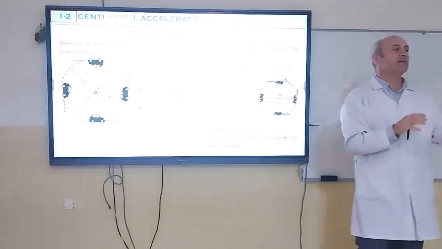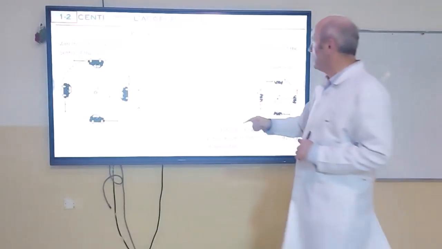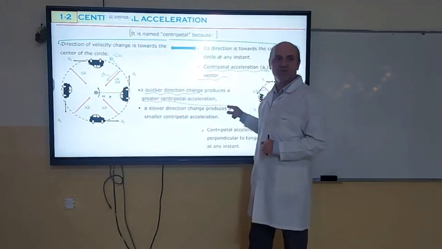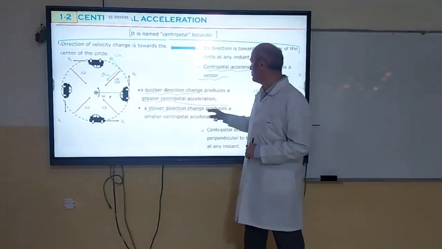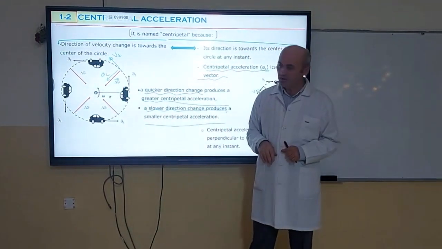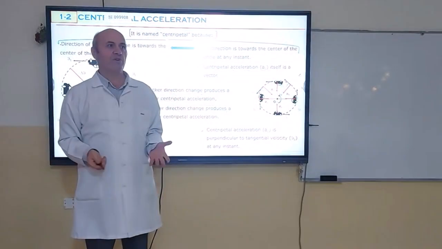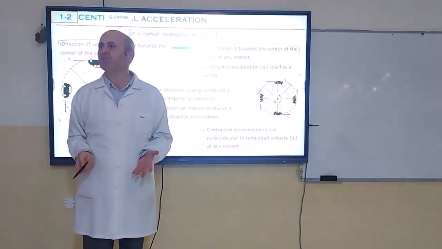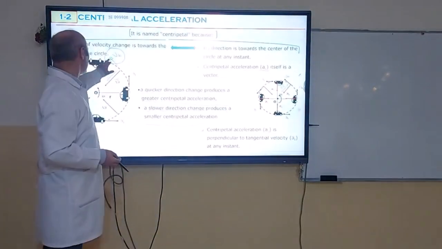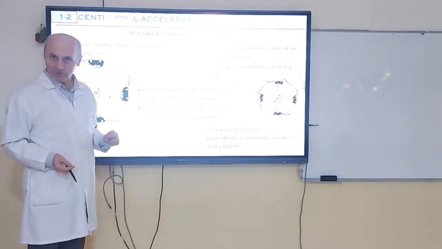AC is calculated depending on how quick the direction changes. A quicker direction change produces a greater centripetal acceleration. A slower direction change produces a smaller centripetal acceleration. If an object moves faster, direction change becomes quicker, which tells you that as speed increases, AC should increase.